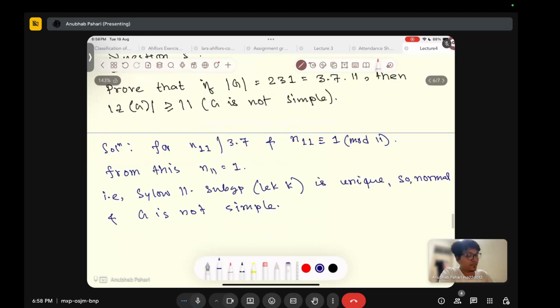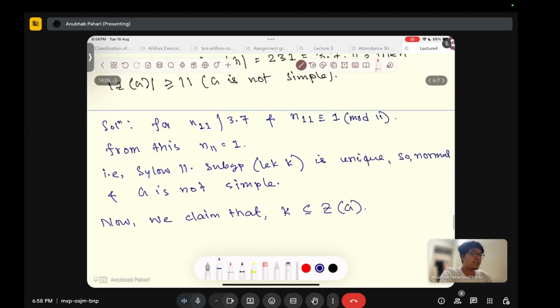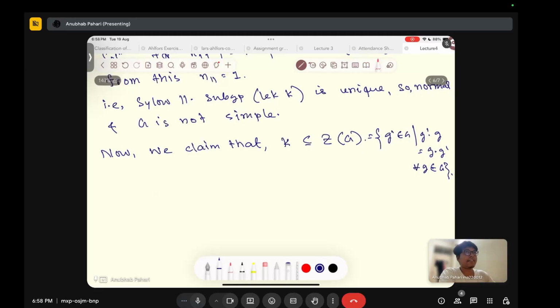So now we claim that this K is a subgroup of the center of G. The center of G is nothing but the elements g prime of G such that g prime times g equals g times g prime for all g belonging to G. Okay, we claim this, right?